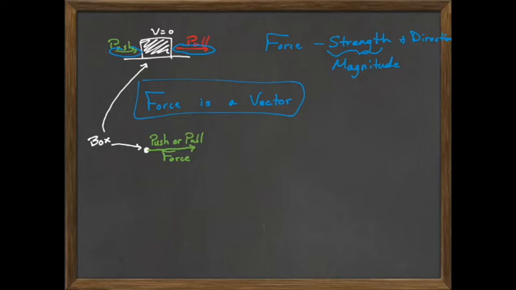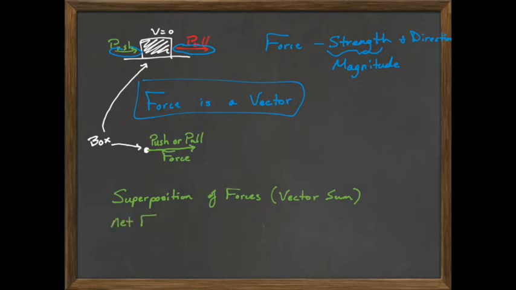Okay, now because force is a vector, there's a mathematical term we use called the superposition of forces, which is a fancy way of saying a vector sum of forces. So if I've got multiple forces acting on an object, we have this new term that we use for the forces.